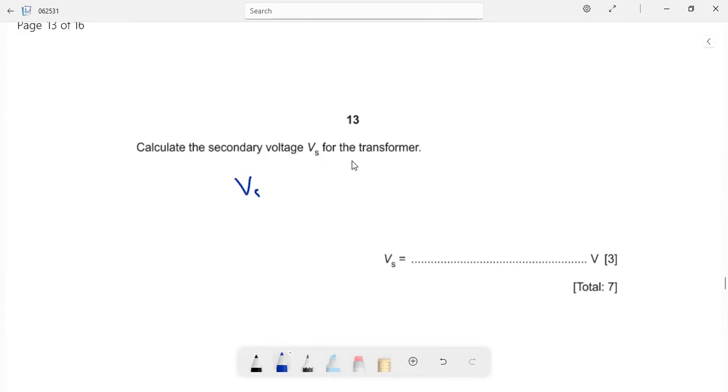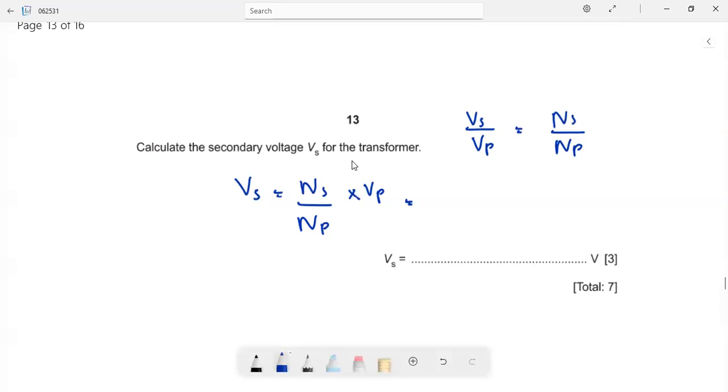So Vs can be written as Ns by Np into Vp. From the equation, Vs by Vp is equal to Ns by Np. The ratio of voltage in the secondary to primary will be equal to the number of turns in the secondary to the number of turns in the primary.